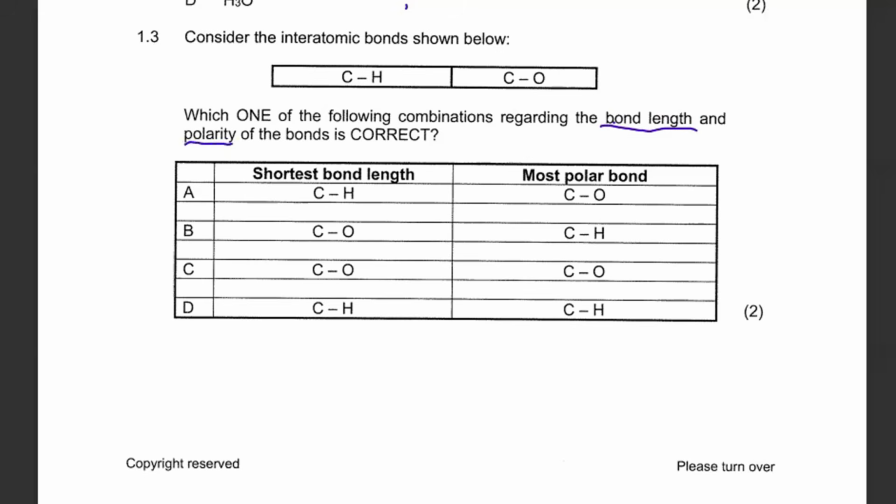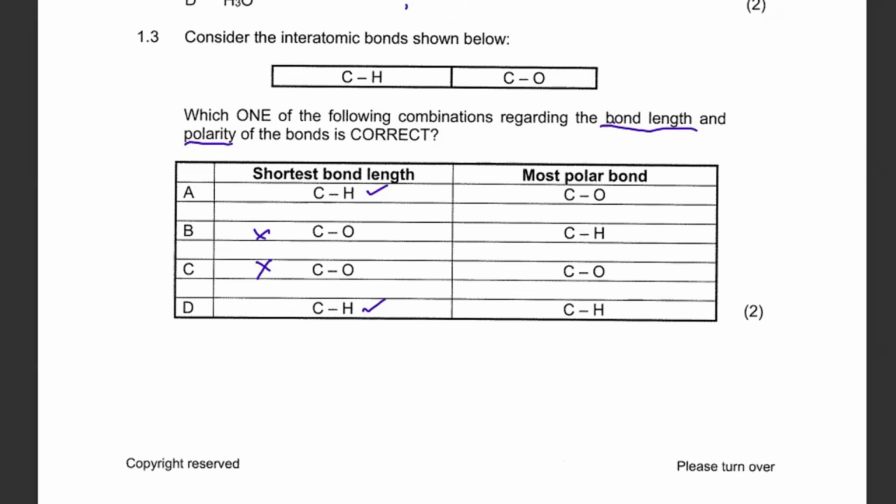According to the information here, we know the shortest bond length is going to be between carbon and hydrogen. Then options B and C are already out, because they are going to have a longer bond length compared to carbon and hydrogen, right?